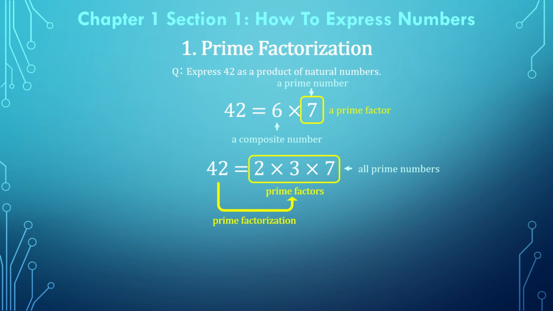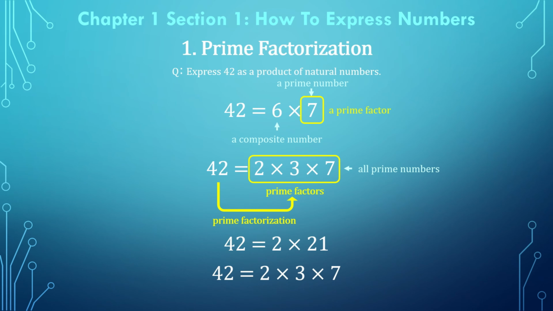Here, we started dividing 42 by 6, but you can start dividing it with other numbers, say 2. Then you get 2 times 21. You can factorize 21 as 3 times 7. So finally, you get 2 times 3 times 7.